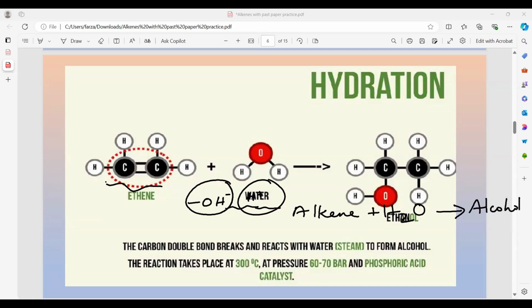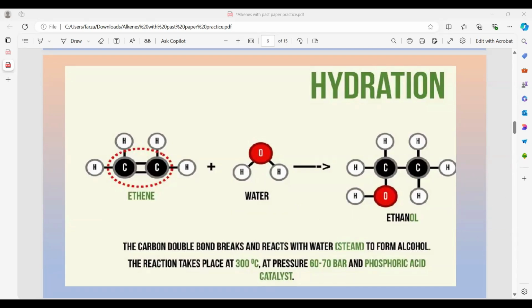The conditions for hydration of alkenes are that there should be an acid catalyst, sulfuric acid or phosphoric acid. The temperature should be around 300 degrees centigrade and the pressure should be 60 to 70 atmospheres. These conditions help facilitate the addition of water to alkenes, forming alcohols efficiently. Here you can say steam instead of water.